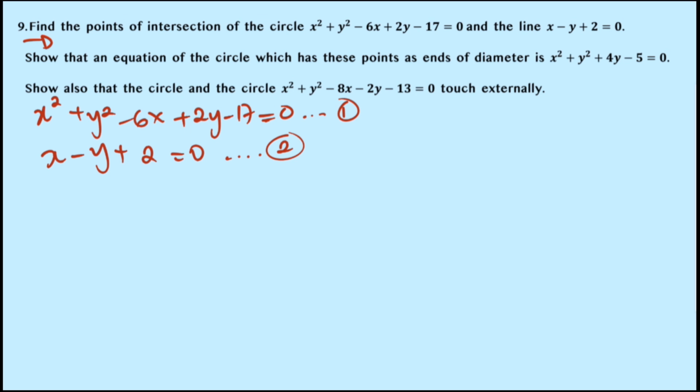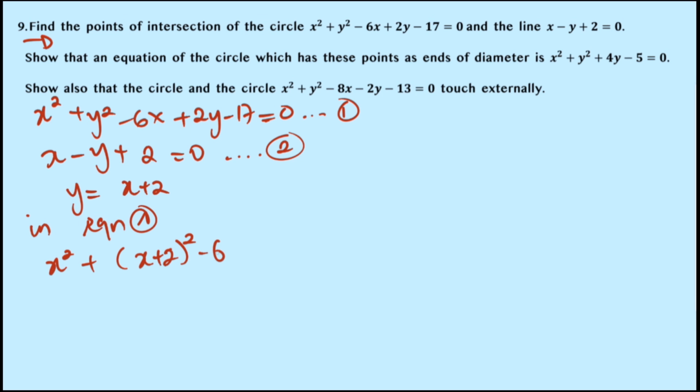So to make y the subject, we add y to both sides, and then we would have positive y being equal to x plus 2, right? So then in equation 1, we should get x squared plus (x plus 2) squared minus 6x plus 2 times (x plus 2) minus 17 equal to 0.